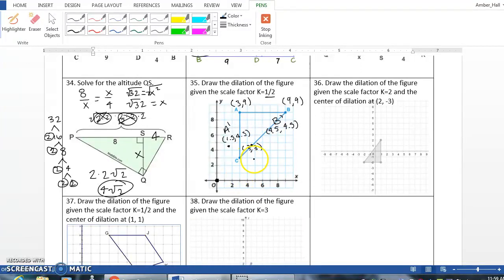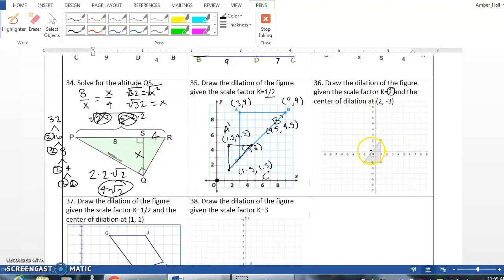And then C prime, 1/2 of 3 is 1.5. This will be C prime. And our dilation is right there.